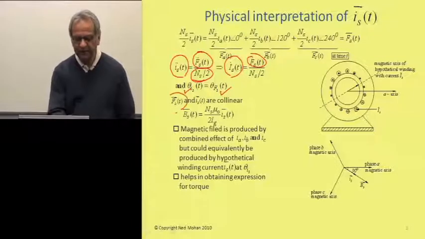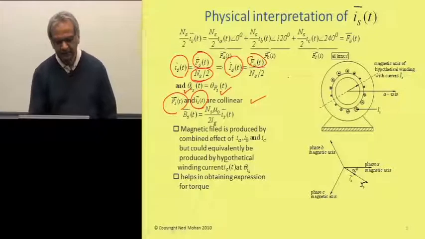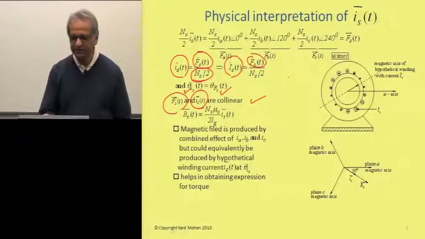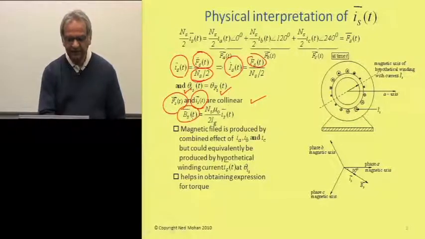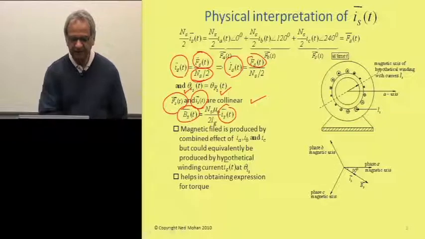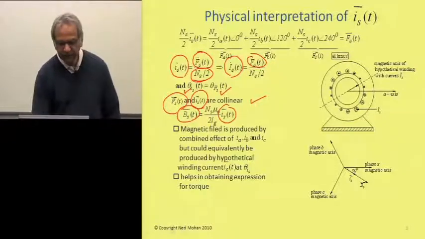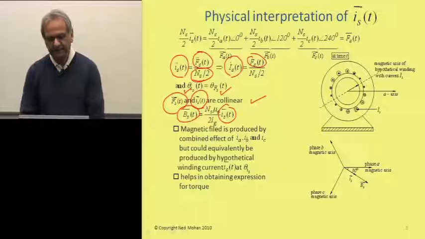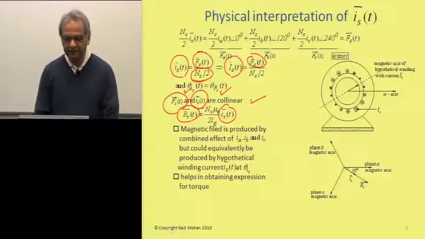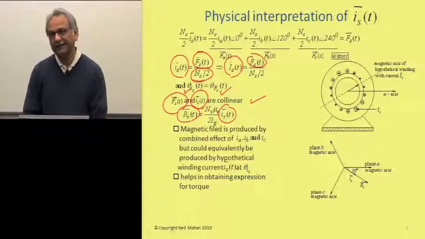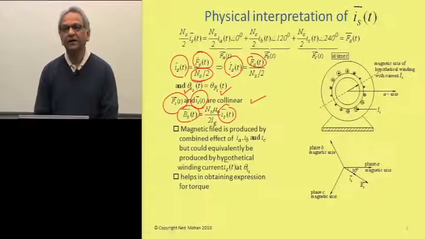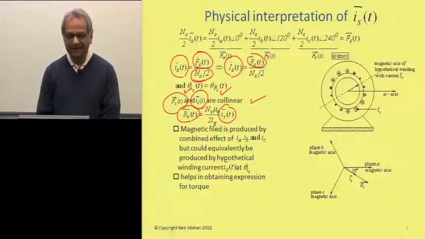So what we are saying basically is that these two are collinear, and of course, the flux density space vector is related to the stator current space vector over here. So the bottom line is that the magnetic field that is produced in the air gap is a combined effect of these three currents in phases A, B, and C.